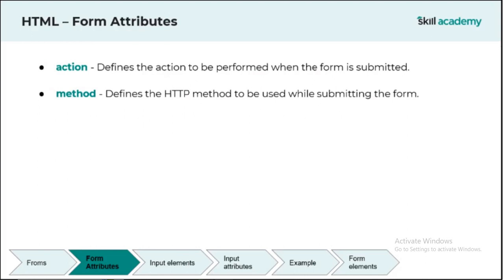Then the next attribute is method. It defines the HTTP method to be used while submitting the form. Again, this method you will be using when you are going to learn backend.